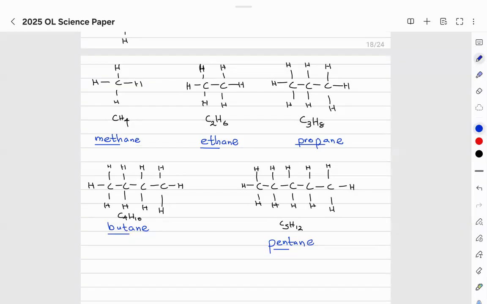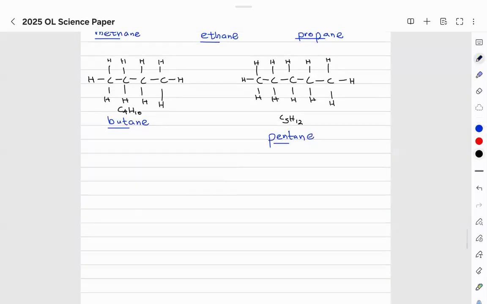Now you have an idea about the alkane series. Now, let me write down together in this way: methane CH4, C2H6 ethane, C3H8 propane, C4H10 butane, C5H12 pentane. Children, can you suggest a common formula for this?